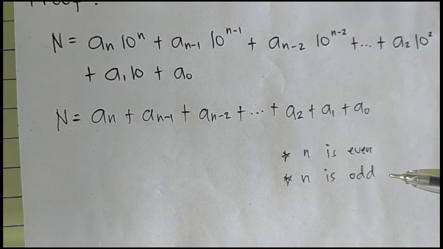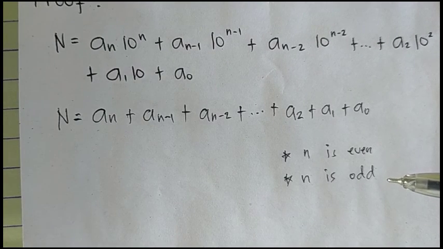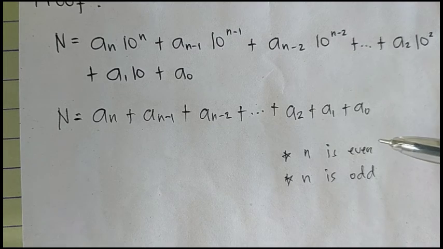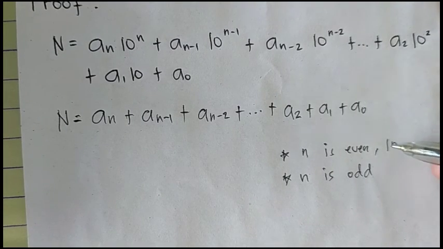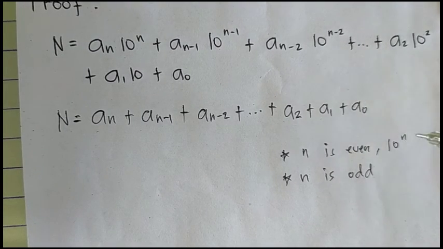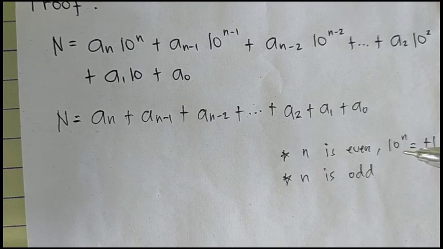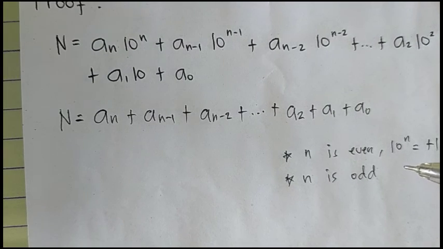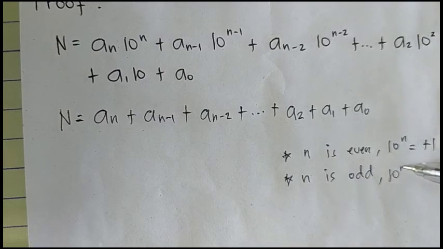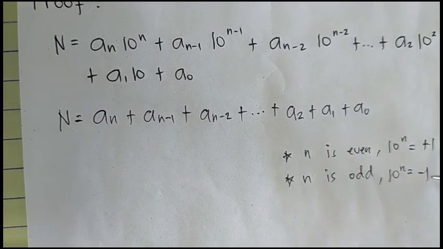So here we will assume that if n is even, then 10 raised to n is equal to positive 1 since n is even. And if n is odd, then 10 raised to n is equal to negative 1 since n is odd.